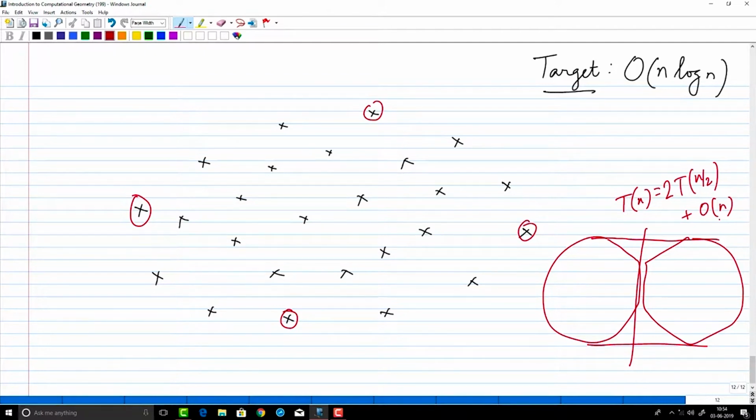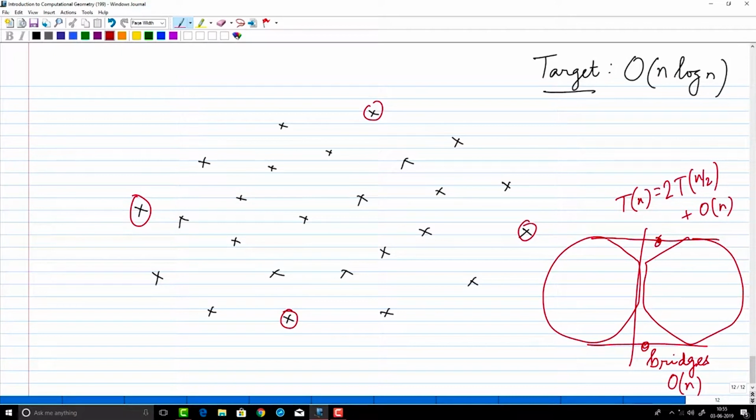And then possibly you can think of a recurrence like this. T n is the time for computing the total convex hull. I have taken the x median coordinate, divided the point set into two halves, computed the convex hull of the left part, taking T n by 2, and the convex hull of the right part, taking the other T n by 2. And if in linear time I can compute these line segments, which I will call bridges, in order n time, then I can get the convex hull.